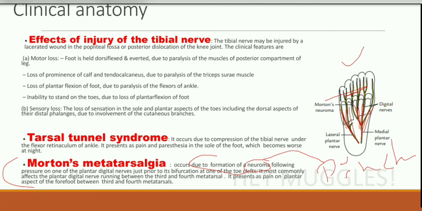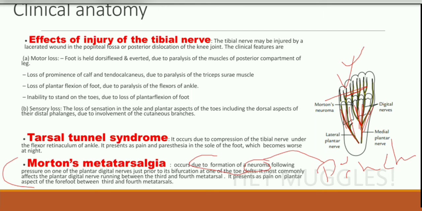This is the third metatarsal and this is the fourth metatarsal. So mostly the plantar digital nerve between the third and fourth metatarsal, just before bifurcation at one of the toe clefts, has pressure, due to which there is formation of the neuroma, right?